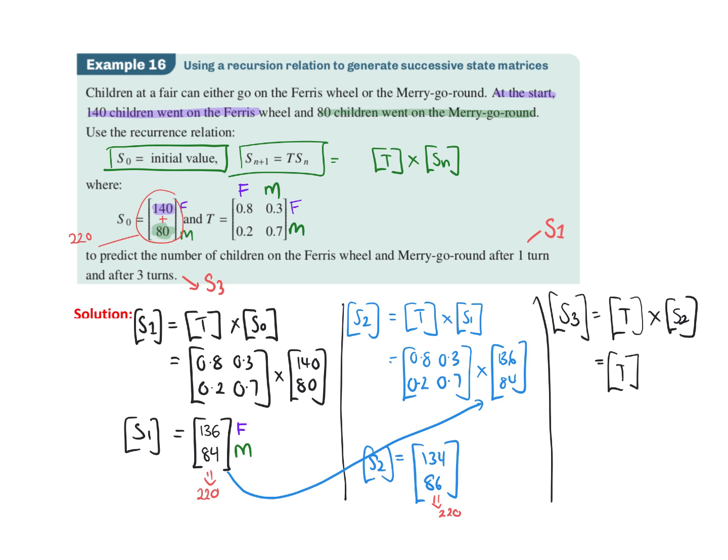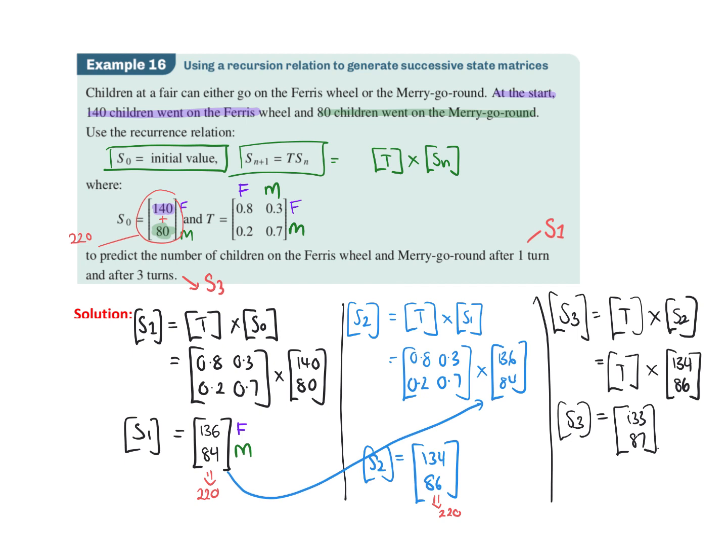You can just write T, but I will put in S2 because that's something I've found. Okay? So to save you a bit of time, you don't need to keep writing it out because we can see what is there. Okay? And then when we do that one, we get S3, we get 133 and 87.